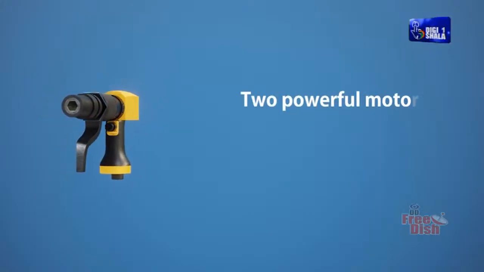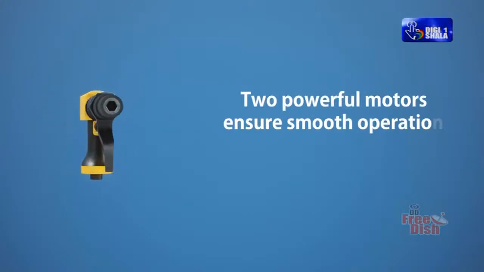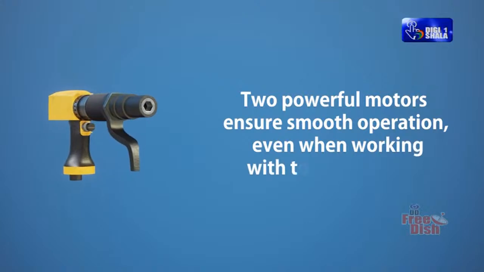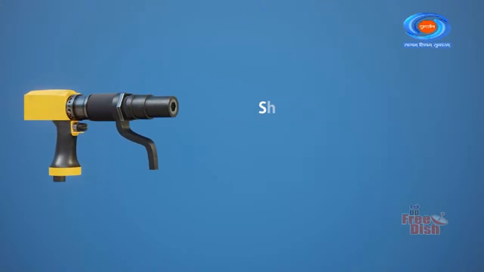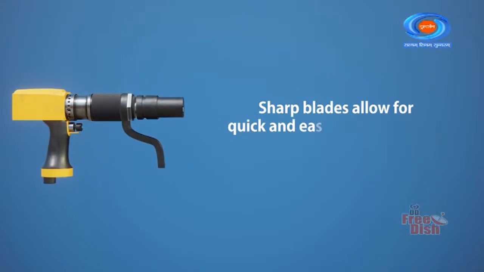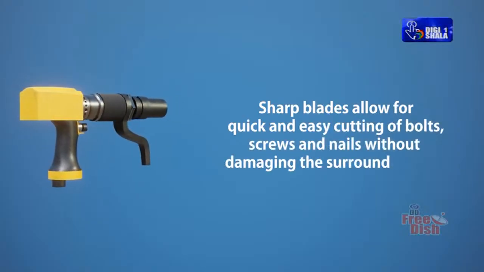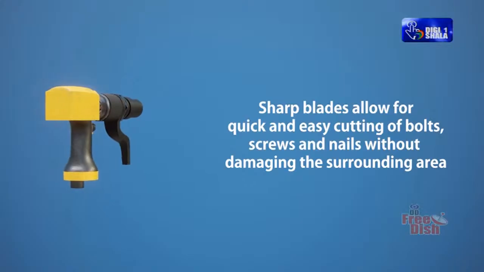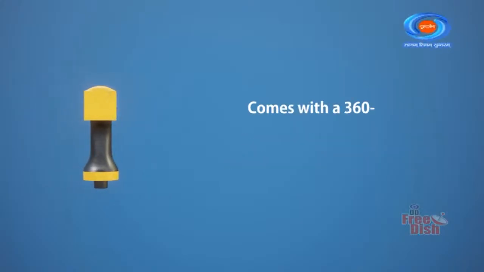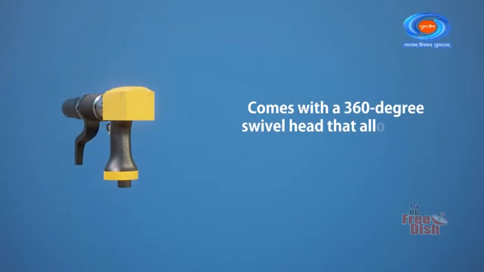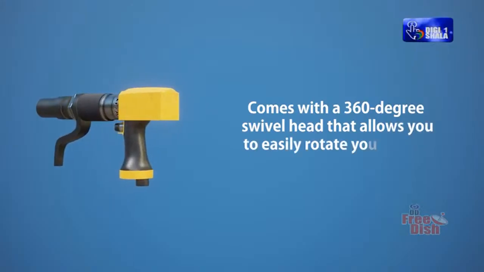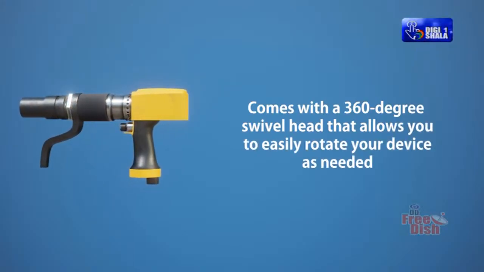Two powerful motors ensure smooth operation even when working with tough materials. Sharp blades allow for quick and easy cutting of bolts, screws and nails without damaging the surrounding area. It comes with a 360-degree swivel head that allows you to easily rotate your device as needed.